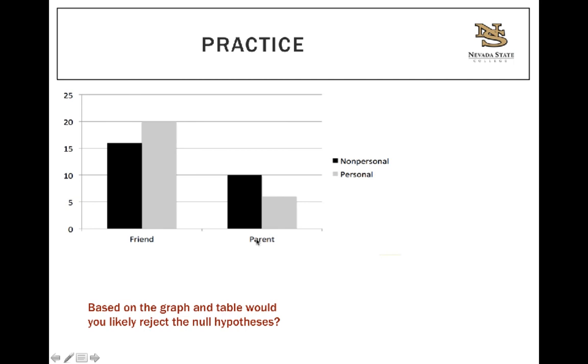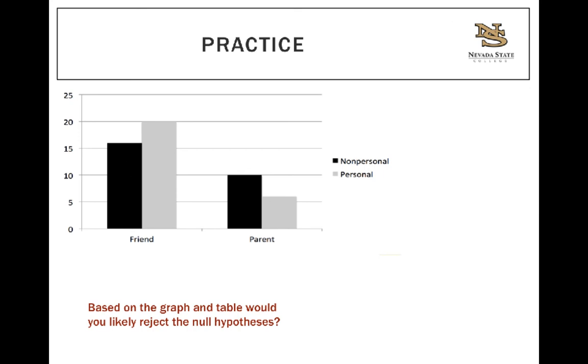Now we'll move on to parents. If someone is talking to their parent about non-personal things, that conversation on average lasts about 10 minutes. And if they're talking to their parent about personal things, that conversation on average lasts 6 minutes. So we definitely see some differences going on.